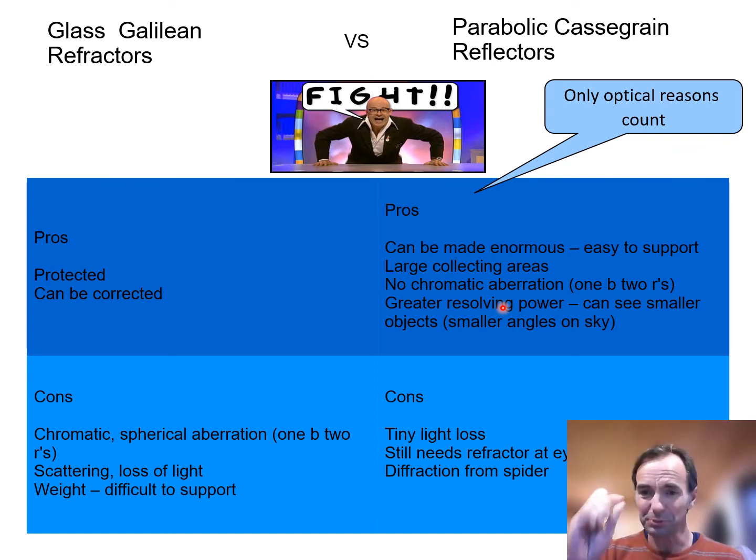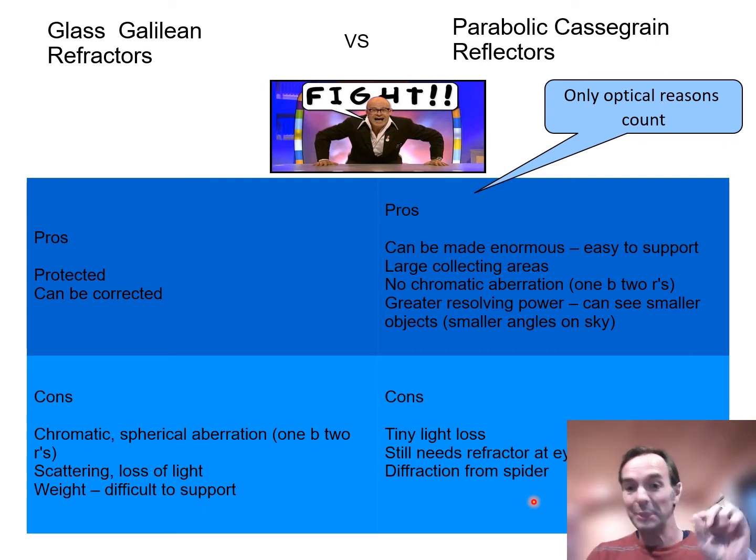Basically, you can resolve smaller things if you have a bigger telescope. Cons: tiny light loss, you still need some refractors at the eyepiece, and you get diffraction from the spider. And I don't mean the little crawly thing that runs across the front of the telescope. What I do mean is the light sticks, basically, that hold up the central secondary mirror.